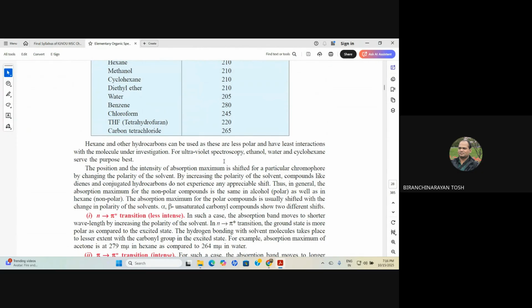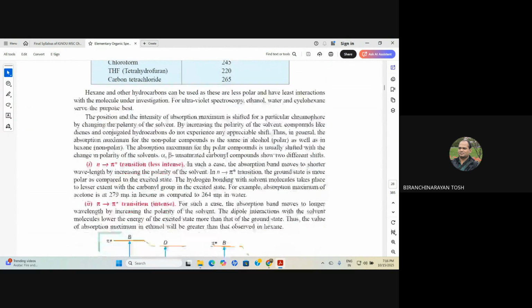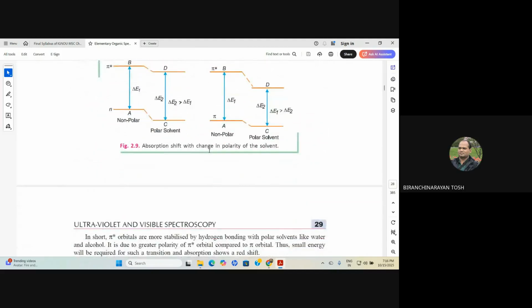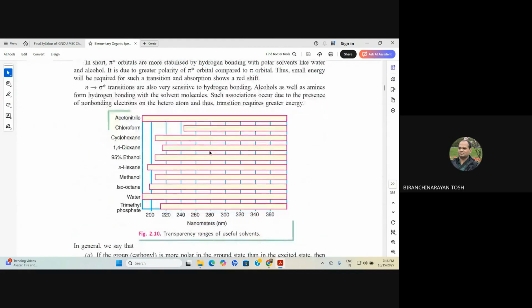For ultraviolet spectroscopy, ethanol, water, and cyclohexane serve as better solvents. These are the transparency ranges of useful solvents.